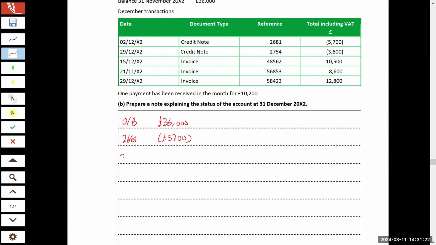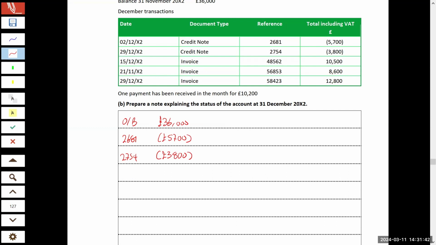Credit note 2754 is 3,800. Okay, well, that's absolutely fine.